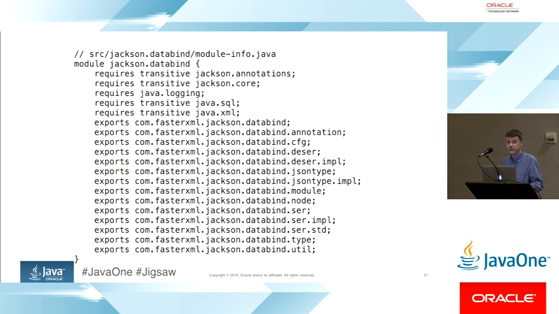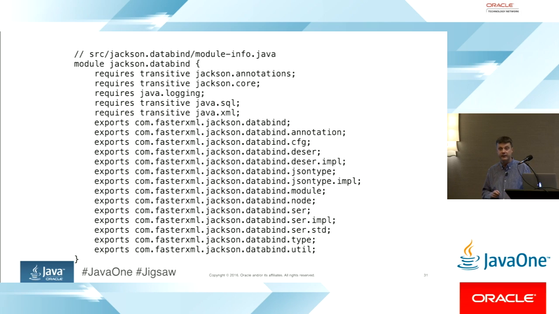So for Jackson data bind, which is probably the most interesting one in this set of jar files, this is the module info that the JDEPS tool created for me. There's a bunch of requires at the top that is based on the static analysis of what's in the jar file. And JDEPS has no idea which parts of the jar file are in the exported API and which are internal. So it assumes that every type is part of the API, therefore every package is exported.